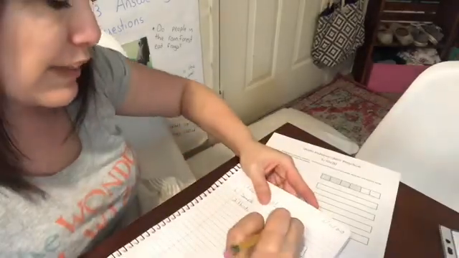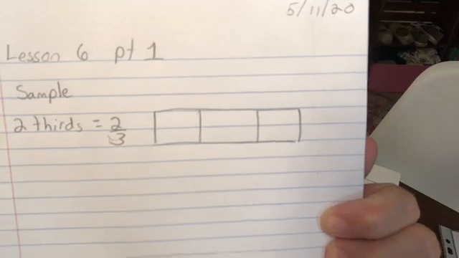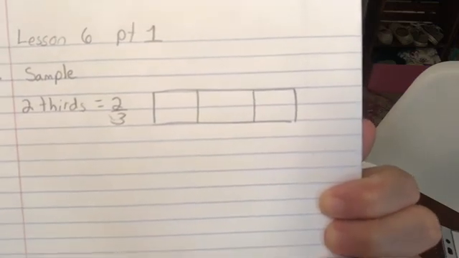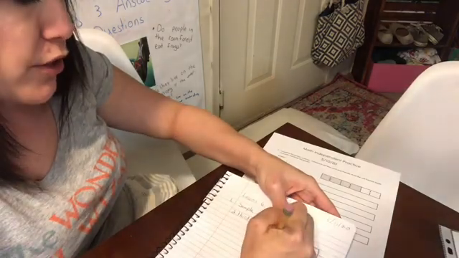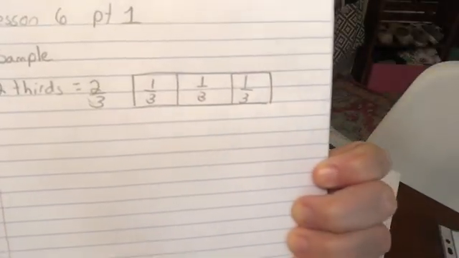So I'm just going to estimate to do the best I can to partition it into 3 equal parts. Now, it says write the unit fraction, or write the fraction inside each unit. So this is 1/3, this is 1/3, and this is 1/3. In thirds, I will have 3 1/3.